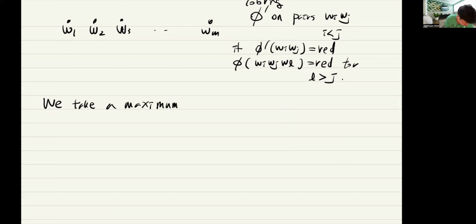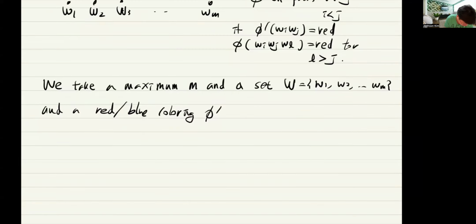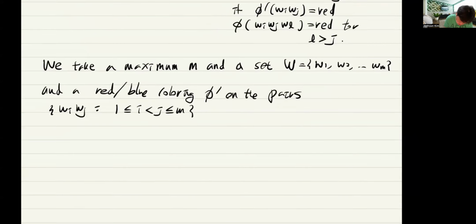We take a maximum m and set W, which consists of W1 to Wm, and a red-blue coloring pi prime on the pairs Wi, Wj with i, j between 1 and m.